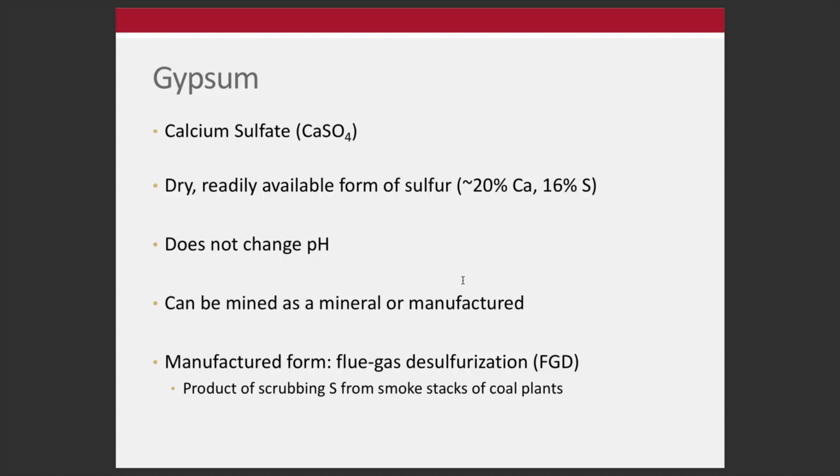So there are various ways that we can actually get gypsum. And if we're thinking about OMRI certification, organic certification, it's got to be this mined product. You're not able to use this FGD, not surprisingly, for that organic certification, okay?